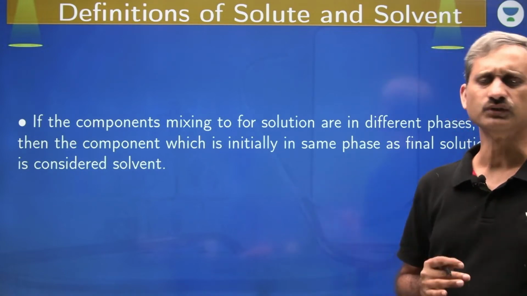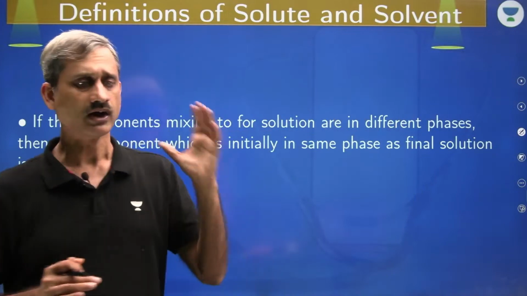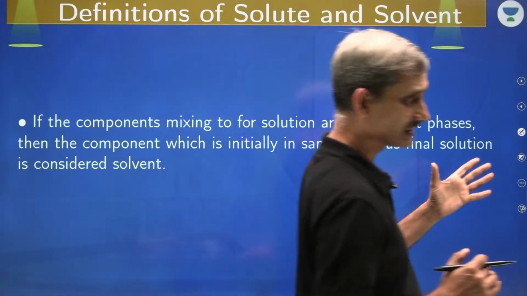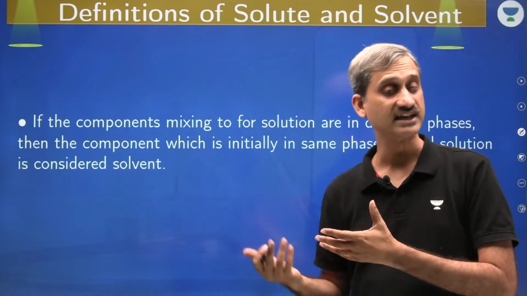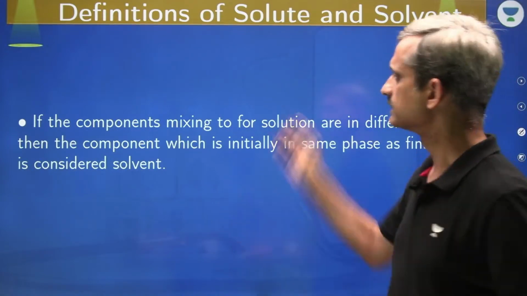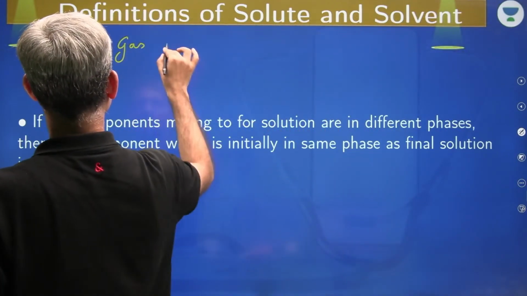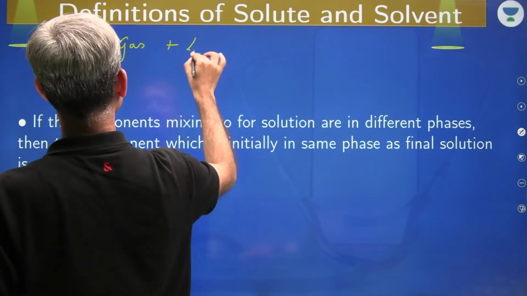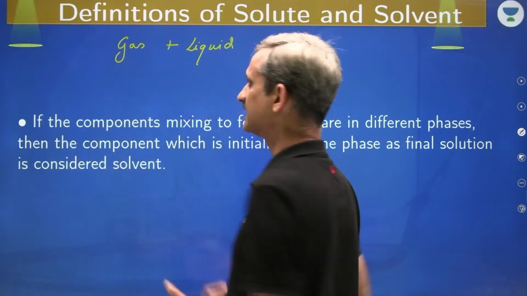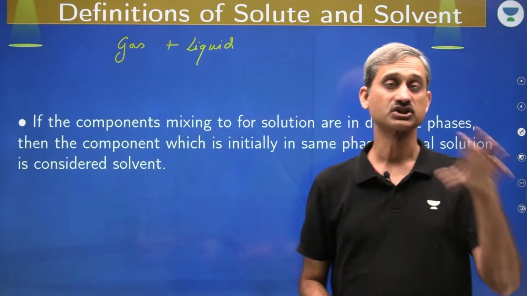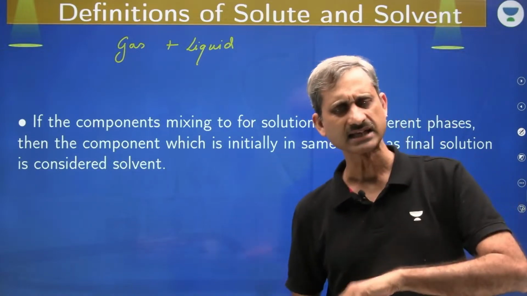Now let's have a few definitions of the solute and solvent. If we find that the components are in different phases, what is the meaning of different phases? Let us say we have one component as a gas and another as a liquid. When we mix a gas and a liquid, it is not compulsory that the mixture is a gas or a liquid; it could be either.